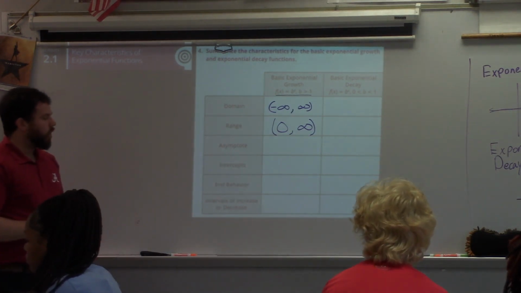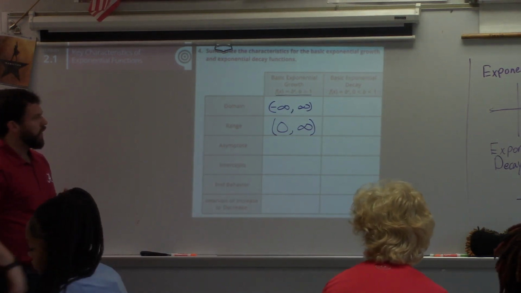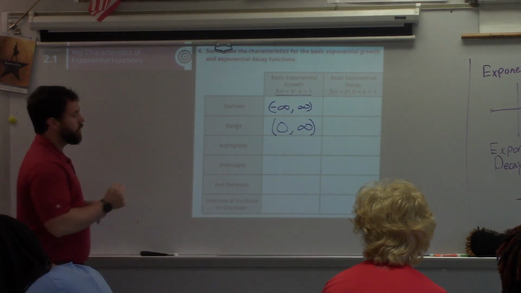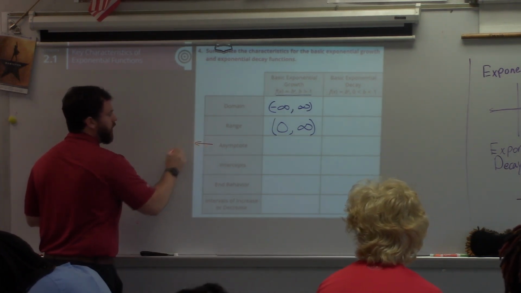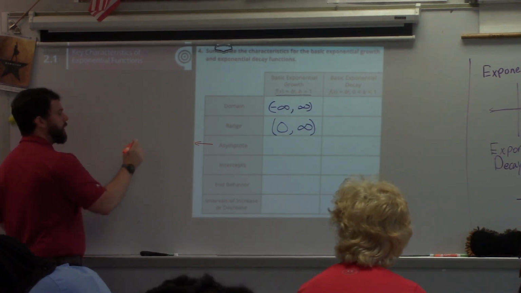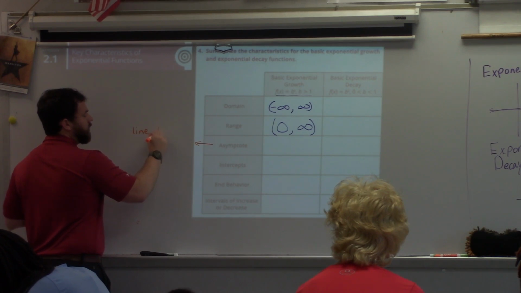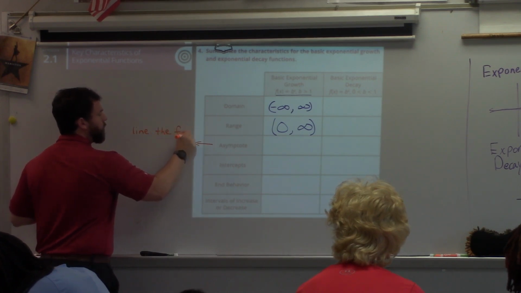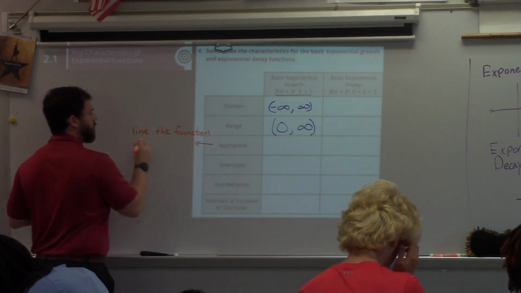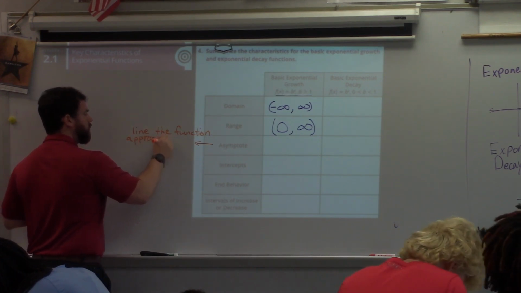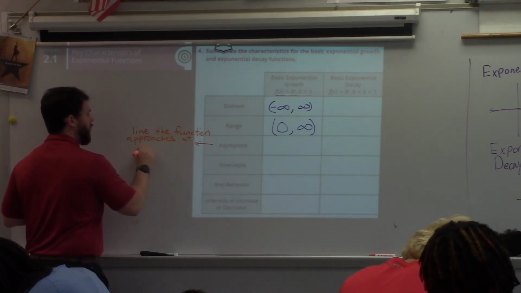And this is a word that I introduced a couple days ago, that word asymptote. Remember, we defined it in the last topic. This is a line, the function approaches at an infinity.